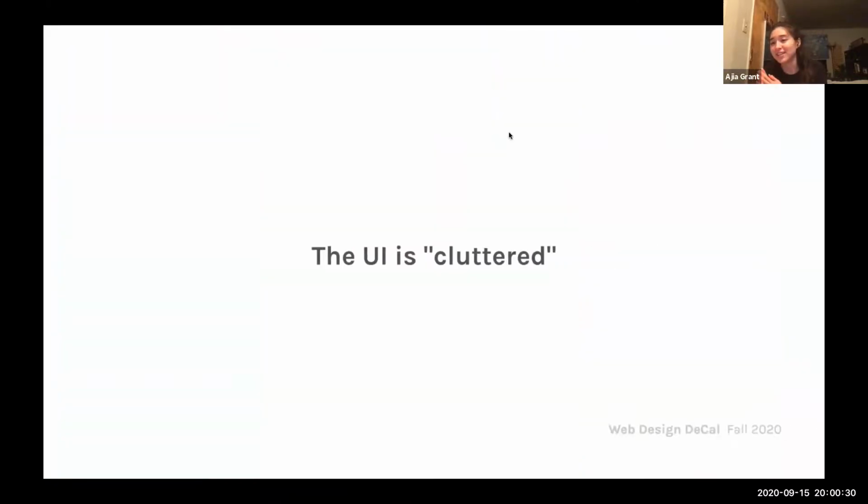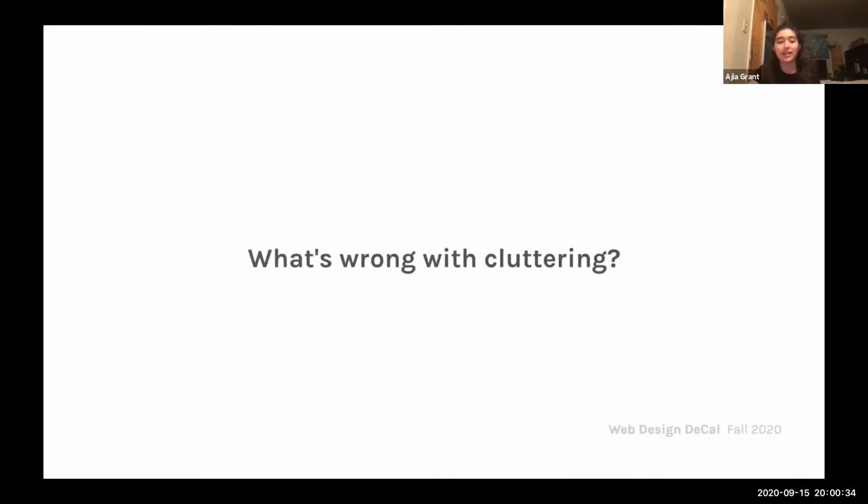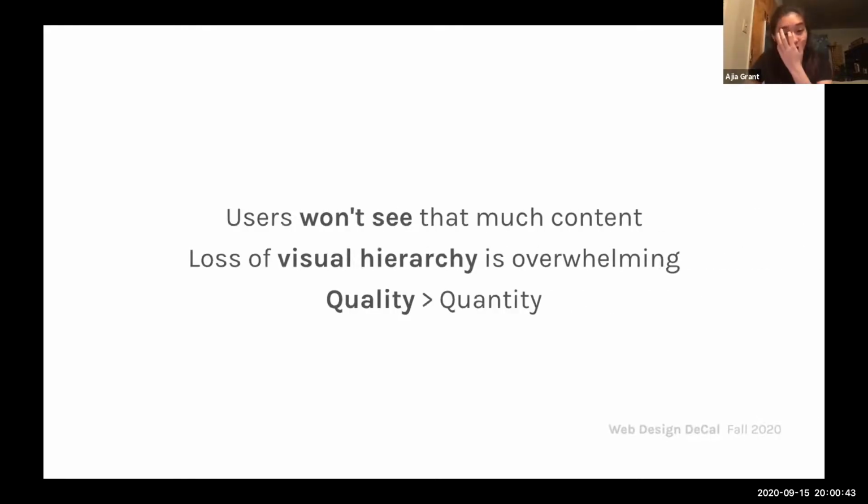So, as you guys said, the UI is cluttered, it's crowded, it's overwhelming. So what's wrong with cluttering other than the obvious, that you don't know what you're looking at? Basically, users won't see that much content because loss of visual hierarchy is overwhelming, like I said, and it's quality over quantity in the content that you have on a page. You don't know what you're supposed to be looking at.